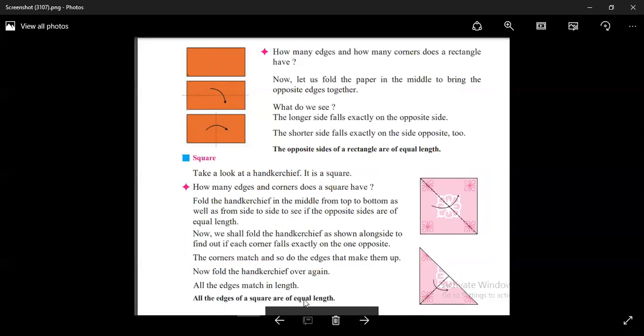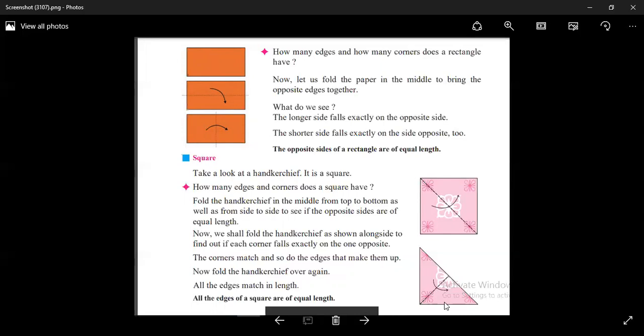All the edges of a square are of equal length. That is what I said. When you fold the square, what you find is that the edges of the square are equal in length, because a square is the one which has all sides equal. So when you fold this handkerchief, you find the edges of the square equal in length.